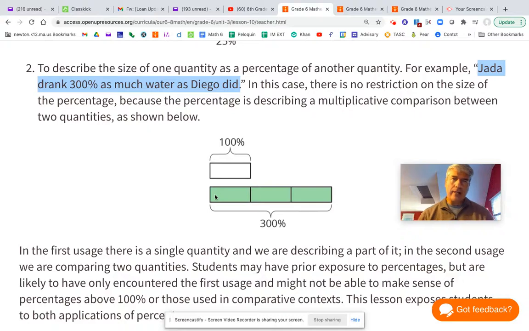So if Jada drank 300 milliliters to Diego's 100, she drank 3 times as many. So in terms of the 100 milliliters that Diego drank, she drank 300 milliliters. That's 3 times. And in the case of percentages, that would be 300 milliliters per 100 milliliters that Diego drank.